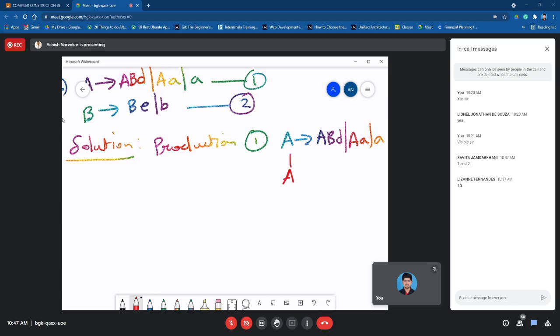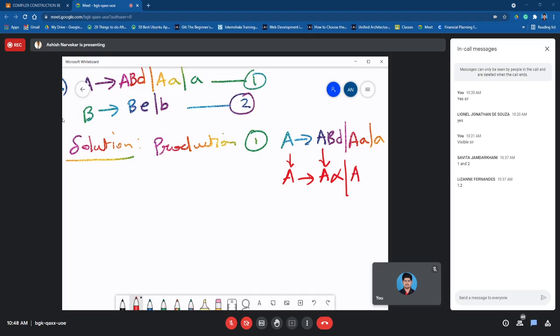This is our A, correct? A derives A alpha. Yeah, A, this is there. Okay. Now we can see that in the second part also of the production, there is an appearance of A again, right?